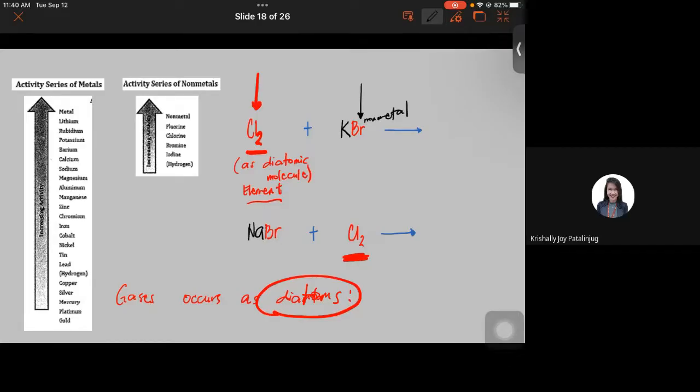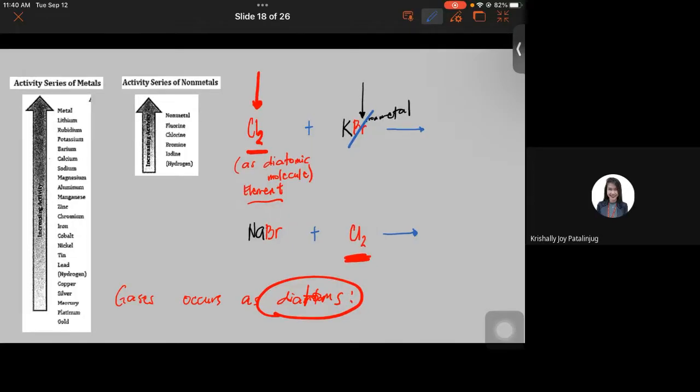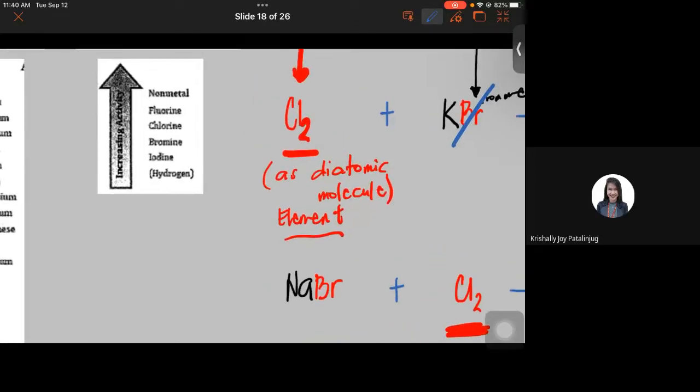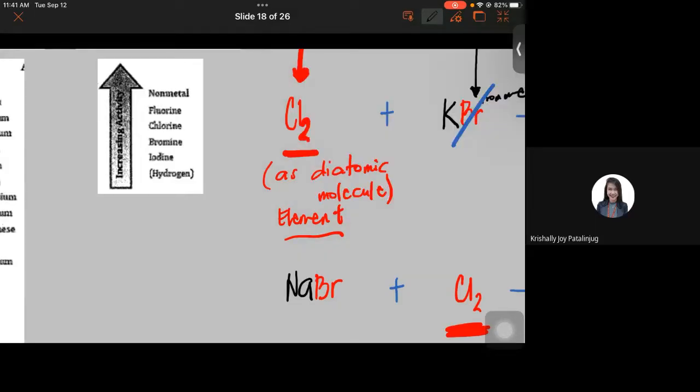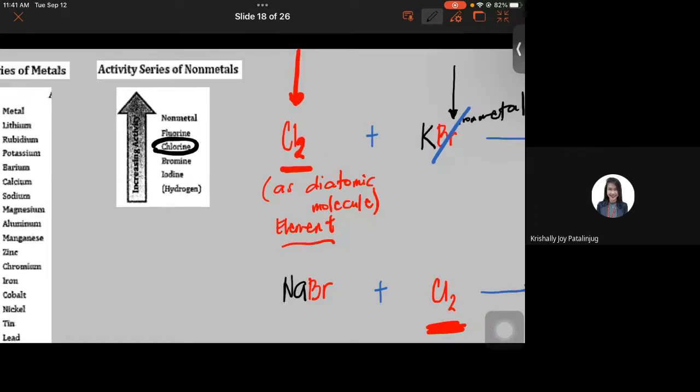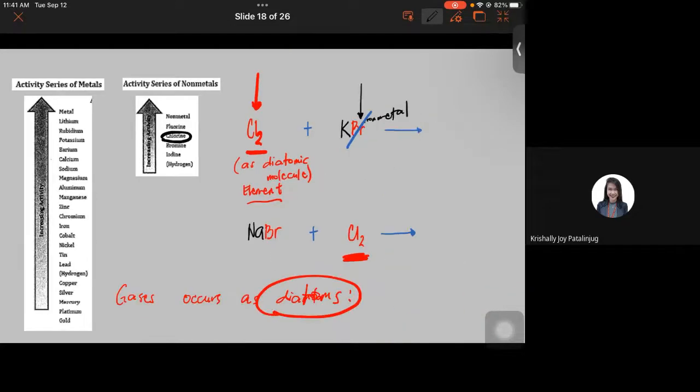Kaya, in the reaction, it will try to displace bromine. Okay? Can chlorine replace bromine? Yes or no? Okay, based sa chemical reactivity series, yes. Kaya ni chlorine i-displace si bromine because more reactive yung chlorine.